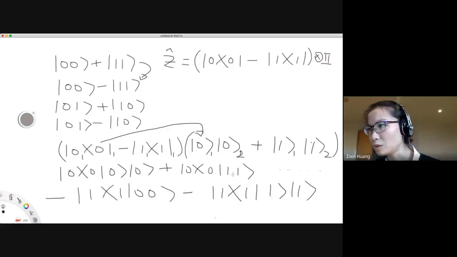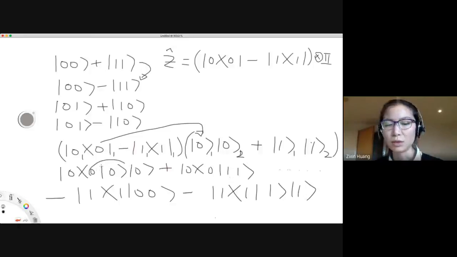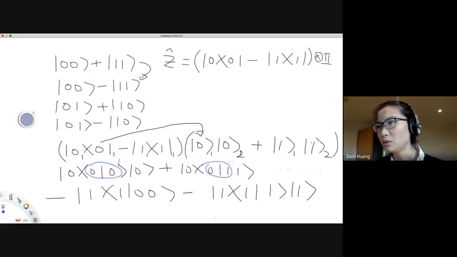Okay, maybe I'll just leave the subscript as it is. This will give you a 1, this will give you a 0, this will give you a 0, and this will give you a 1.